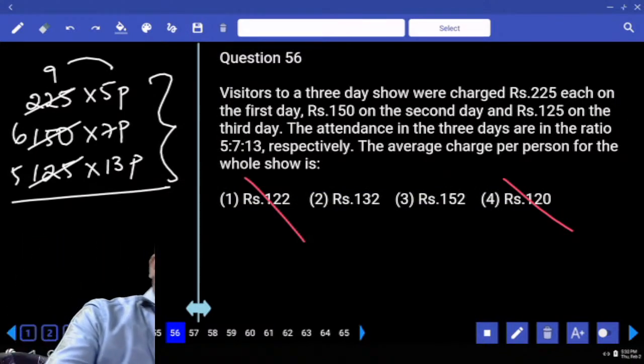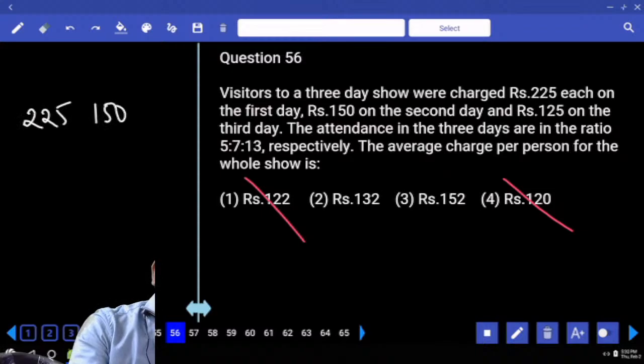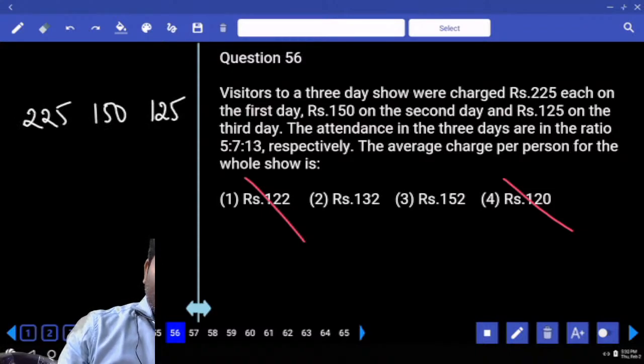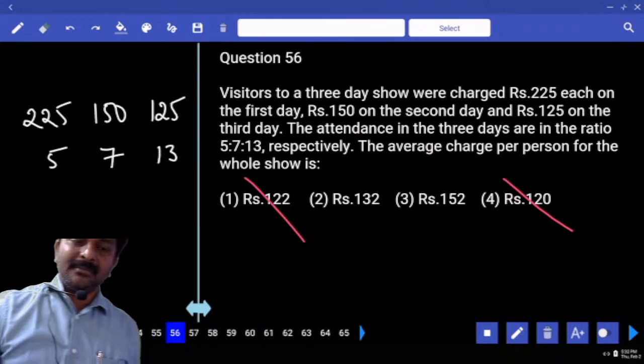So now observe, the first amount is 225, the next amount is 150, the next amount is 125. Now here we have 5 people, here we have 7 people, and here we have 13 people, right?